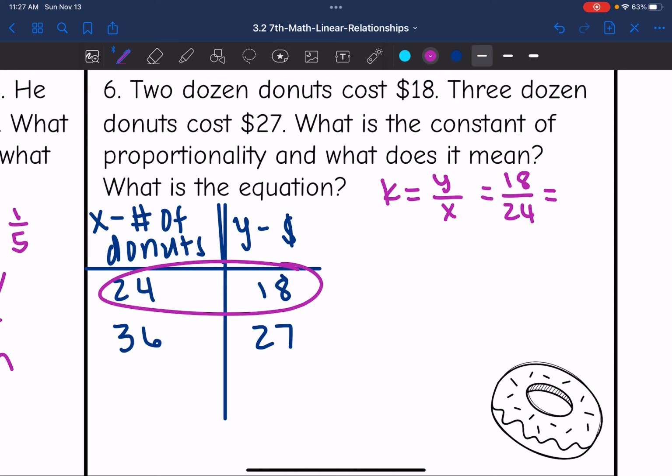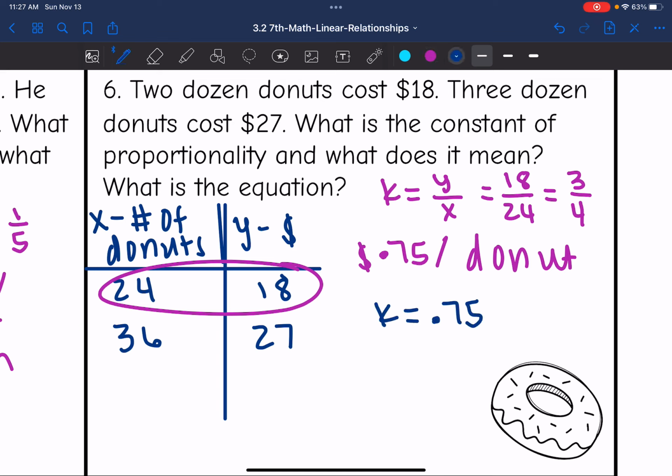So it would be 3 over 4. And 3/4 as a decimal is 0.75. So it's 75 cents per donut. So the constant of variation is 0.75, which means the equation is y equals 0.75x.